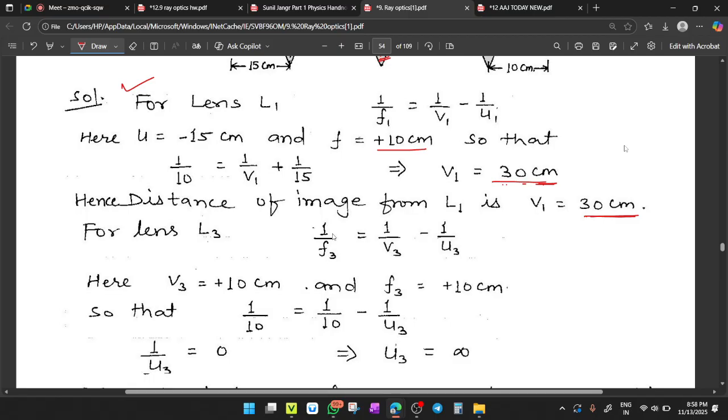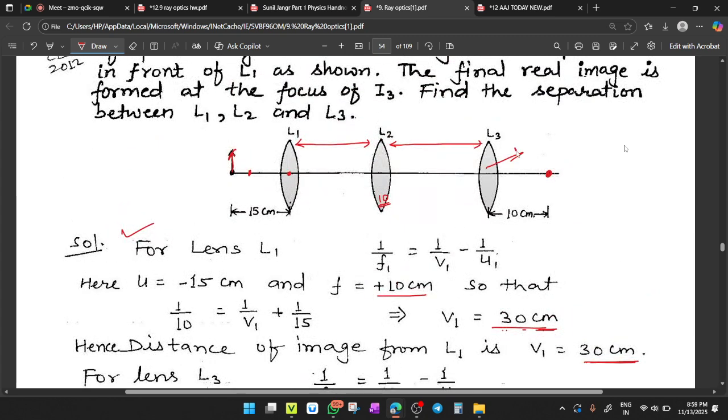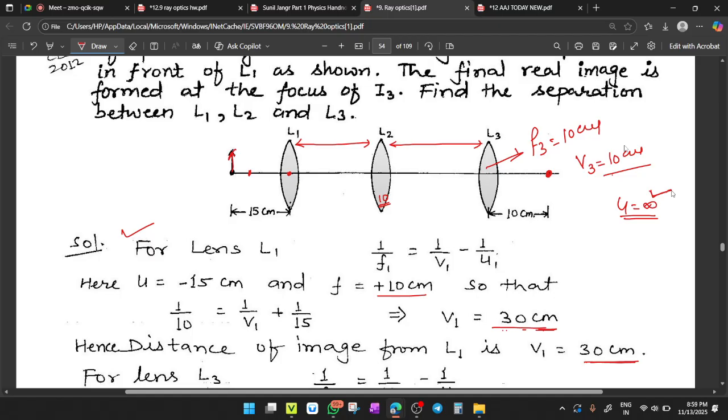For the lens L3, 1 upon F3 equals 1 upon V3 minus 1 upon U3. You are given F3 equals 10 centimeter, and V3 is also given as 10 centimeter. Clear or not clear? Your image is formed at the focus, so definitely the source is at infinity, because whenever u equals infinity, your image is at the focus.